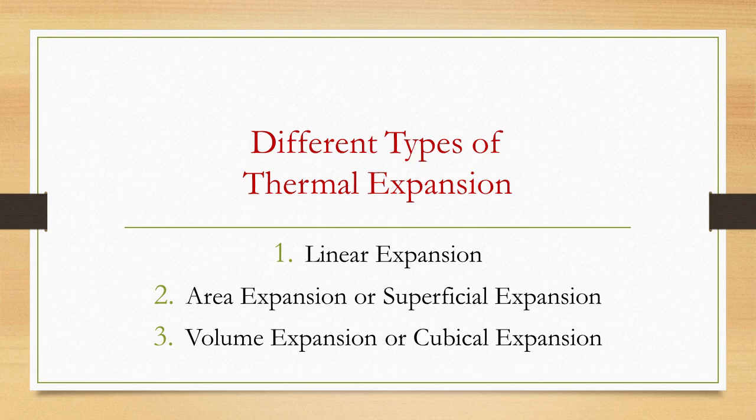So you understand here that from 1 cubic meter, the volume of the steel block has increased to 1.002 cubic meter when the temperature is raised by 50 Kelvin. This means that the expansion is about 0.2%. Alright, so this was an example of cubic expansion.